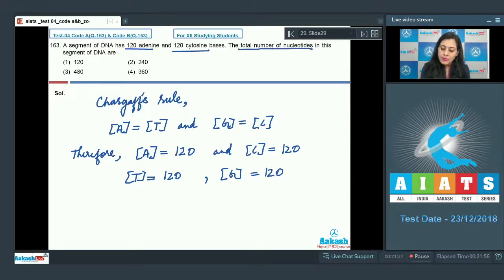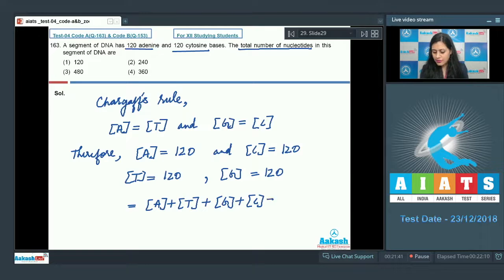So the total number of nucleotides in this segment of DNA would be A plus T plus G plus C equals 480 nucleotides. So the correct answer for this question is option number 3, that is 480 nucleotides. Let's discuss our next question.